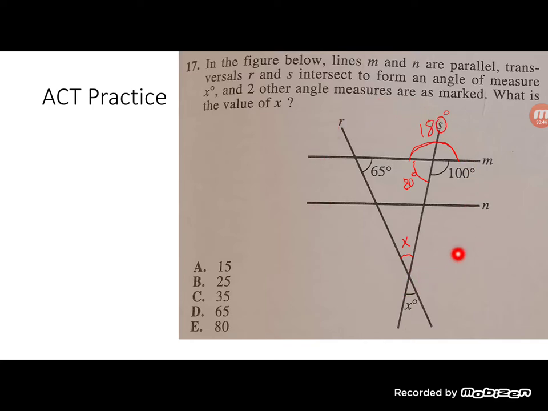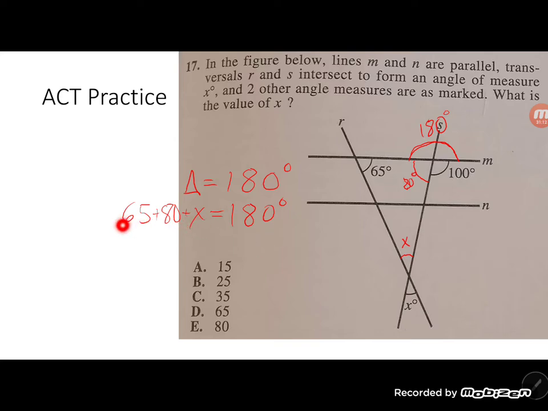And now at this point, the problem is very doable. If bells aren't going off in your head, they should be. You see a triangle, you should know the sum of all angles of a triangle is equal to 180. So triangle equals 180 degrees. That's when we can make an algebraic statement: 65 plus 80 plus x would be equal to 180.